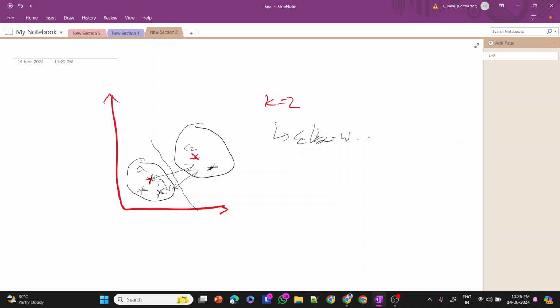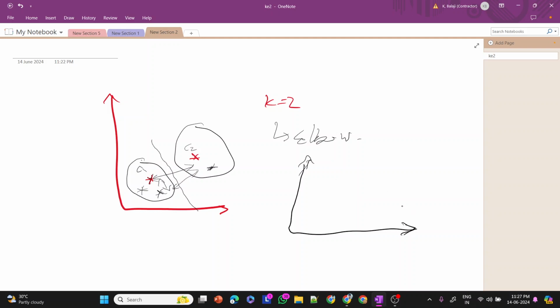It involves plotting the explained variance as a function of the number of clusters and looking for an elbow form. To find the loss function, to find the best value of k, we use the elbow method.